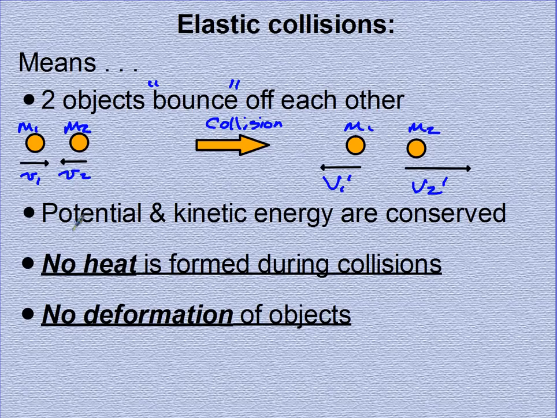In elastic collisions, the energy is all conserved. Both potential and kinetic energy do not change, but that is for the system. Any one particular mass could have a change in kinetic energy, but it is the system that has kinetic energy conserved. No heat is formed during this collision. There's no deformation.